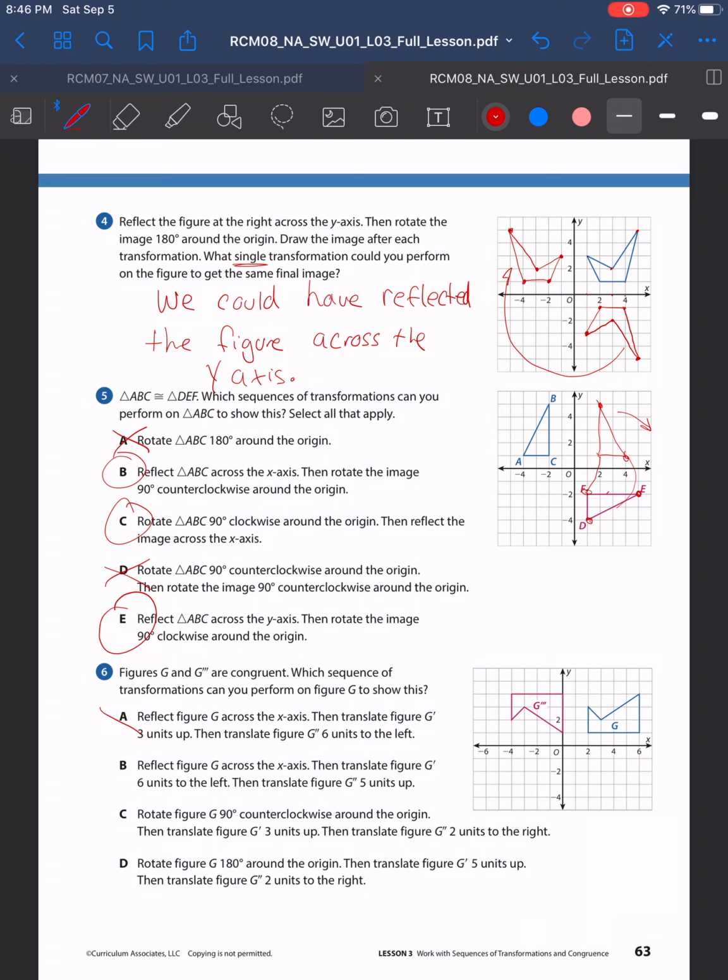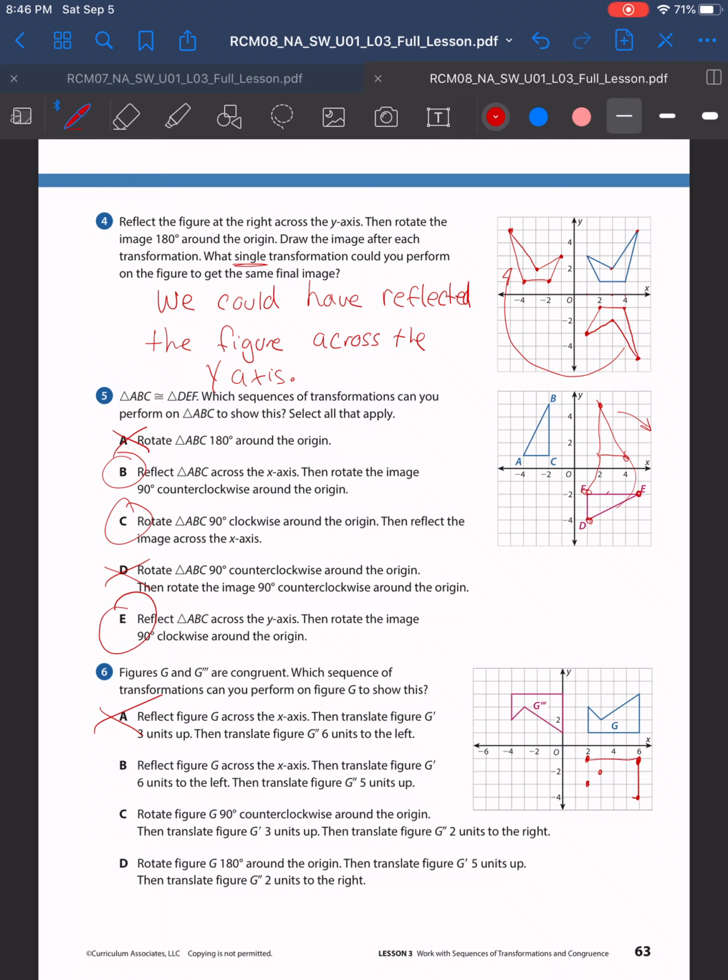Oops, I didn't do that. B says reflect G across the x-axis. Okay, so it would be down here, like what we were just talking about. Oops, I'm doing it wrong again, aren't I?